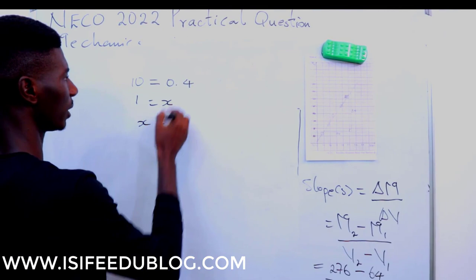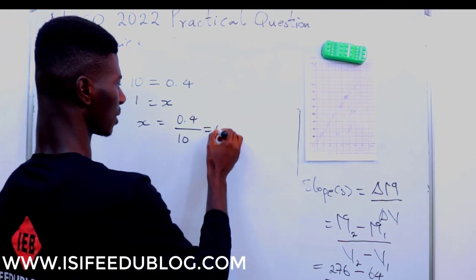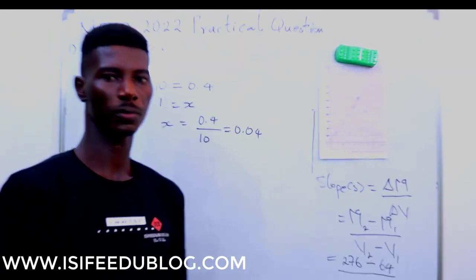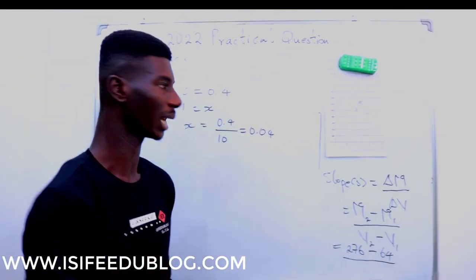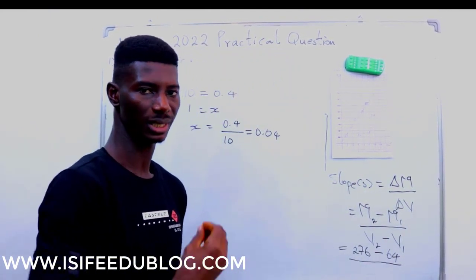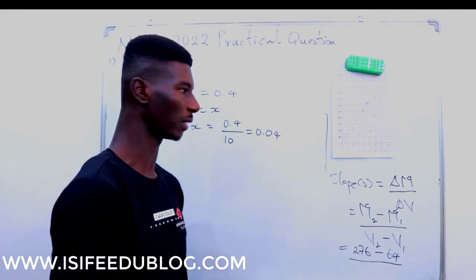So one line will simply be 0.4 divided by 10, and that will give us 0.04. So the value of one single line in the V axis is 0.04. That is what we are going to use to multiply the number of lines.